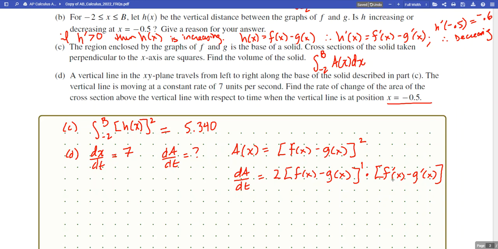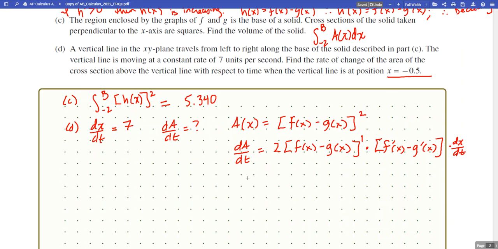Now, we technically found some of this information at negative 0.5, but really it's this f prime of x minus g prime of x, and we also have a times dx/dt. An easier way to think about this is that the rate of change of area with respect to time will be the rate of change of area with respect to x times the rate of change of x with respect to time.